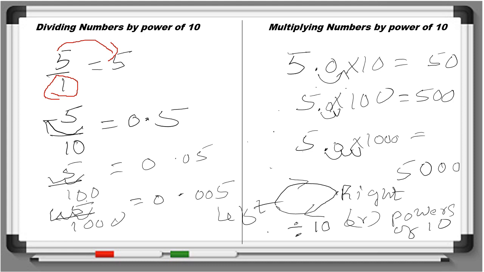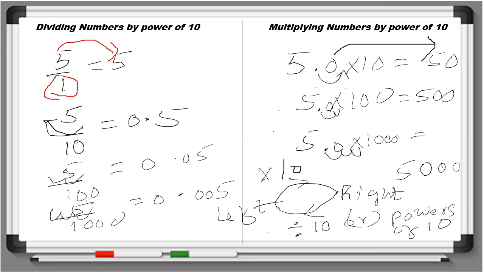And whenever I multiply any number by 10 or powers of 10, what happens? The decimal moves from left to right. You can see here 5 multiplied by 10 becomes 50. The decimal moves from left to right.